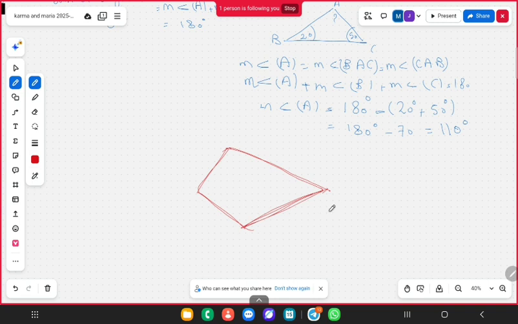So it has a name. It's a quadrilateral. A quadrilateral means a polygon with 4 sides. If I told you that we have a polygon, it means that it's closed and has no curve. That is the meaning of polygon.